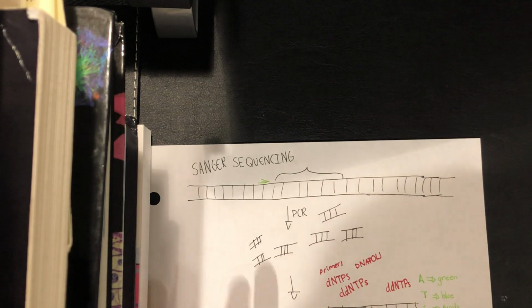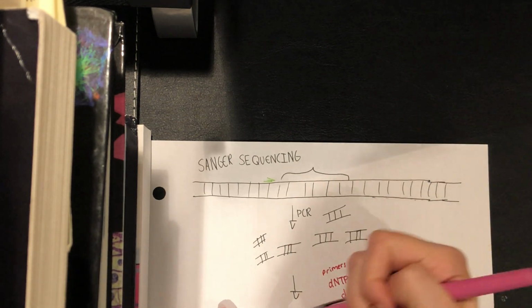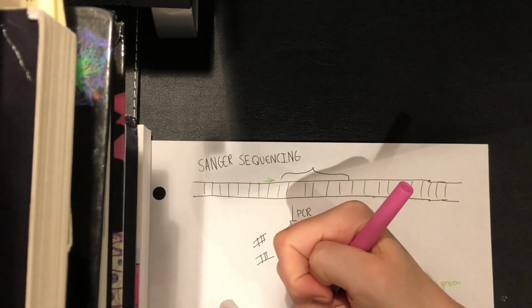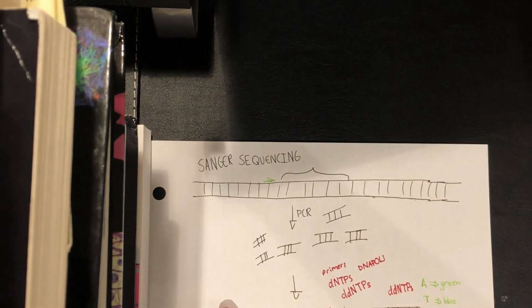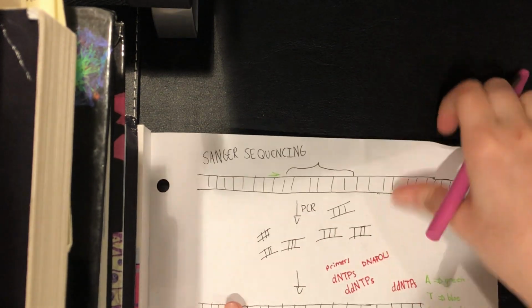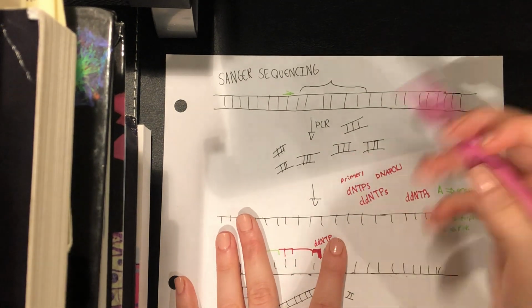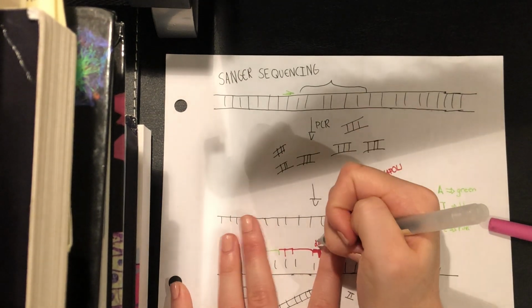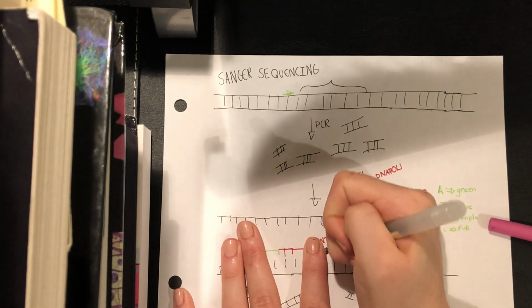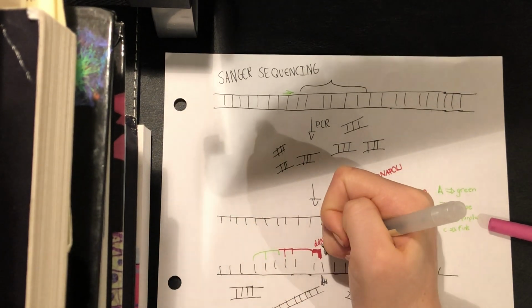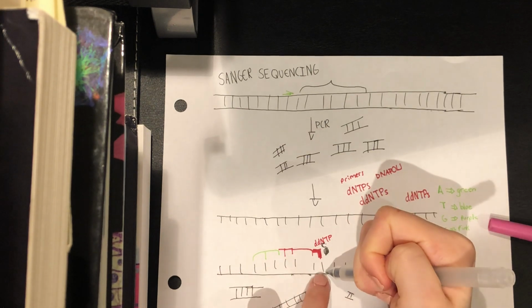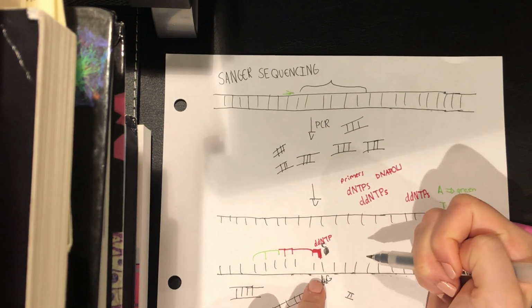But essentially, if it knows that a C was placed as the final ddNTP, because that's the one with the fluorescent dye, then if a C was placed here, they know that the original strand had a G, right?